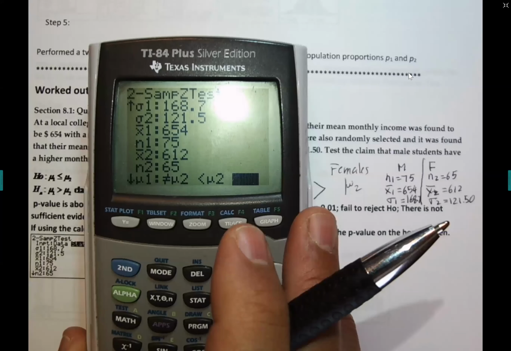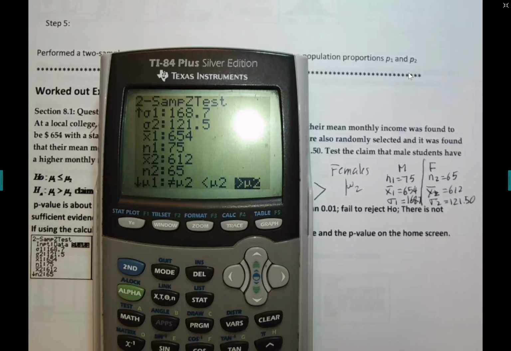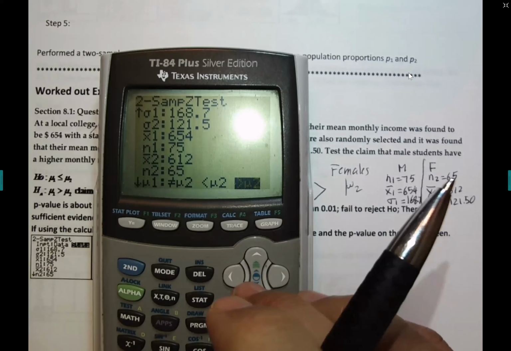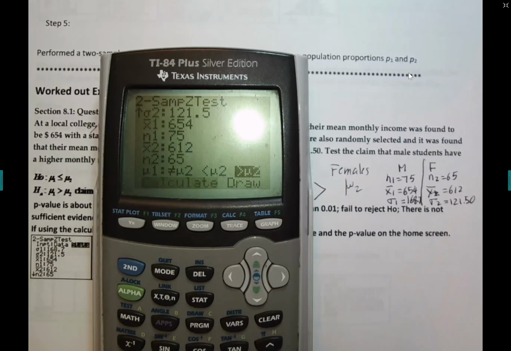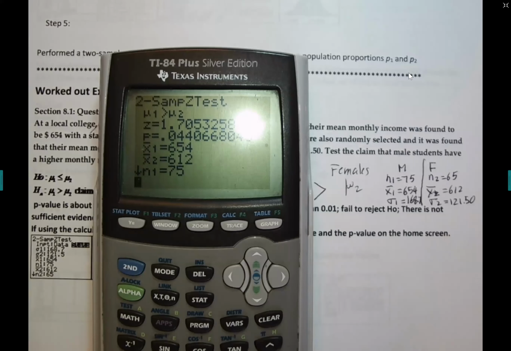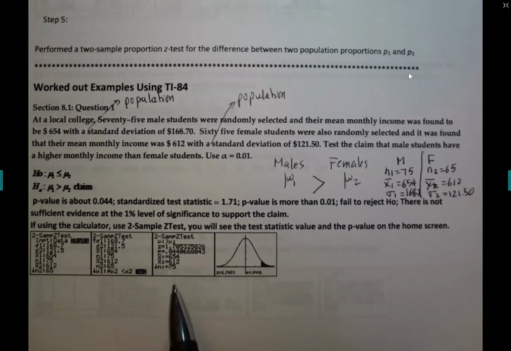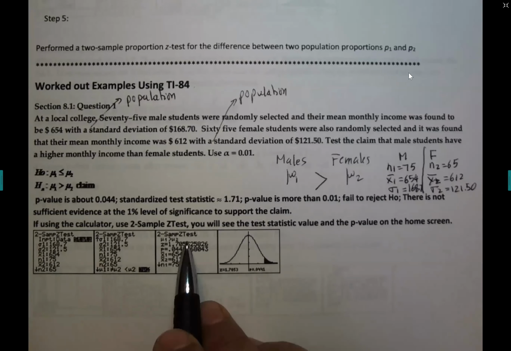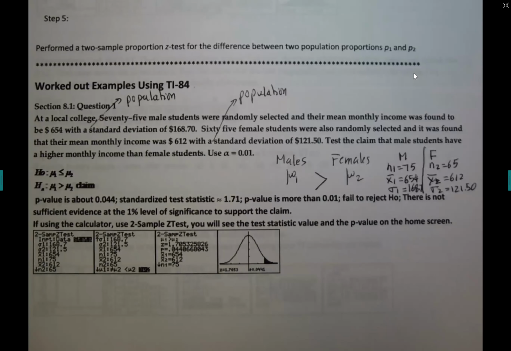And now I'm ready to just run the test, calculate. So Z is 1.71 and the p-value is 0.0441 if you round to 4 decimal places. And you can see, guys, it's the same results right here. That's what we got, okay? So the p-value is about 0.044.